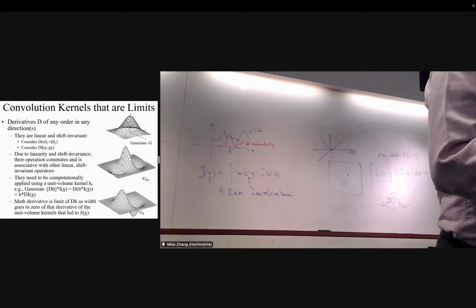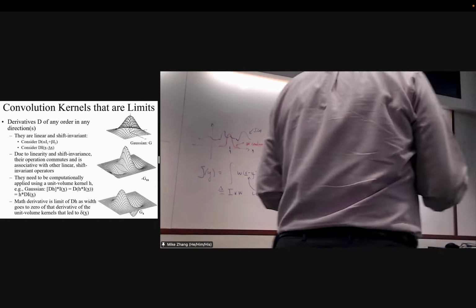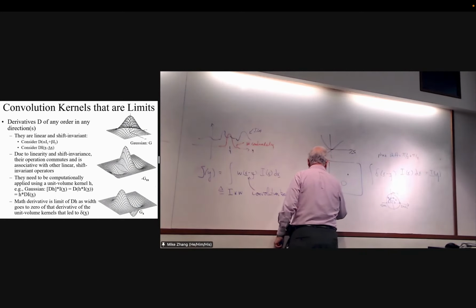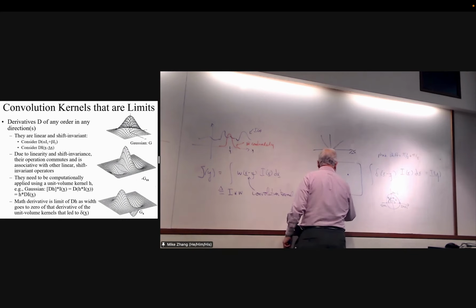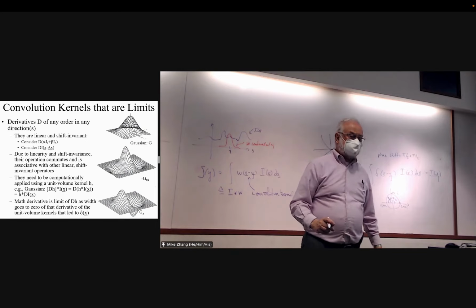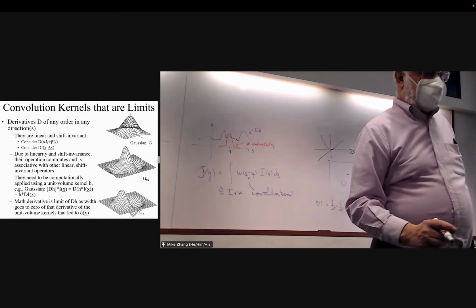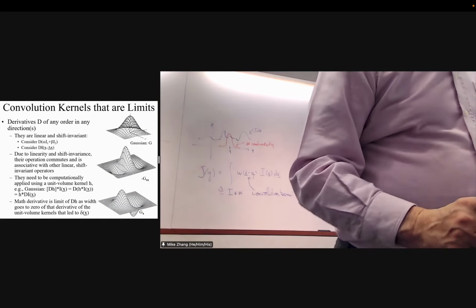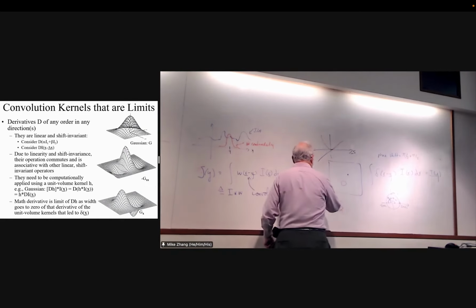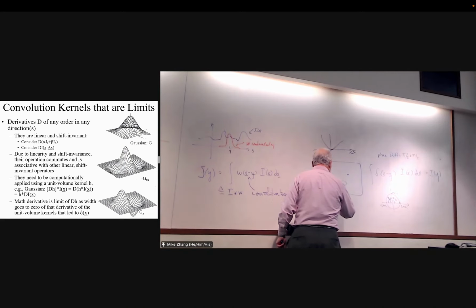So for example, the Laplacian operator is d2 by dx squared plus d2 by dy squared in 2D, or d2 by dx squared plus d2 by dy squared plus d2 by dz squared, which is to say the Laplacian on an image is this.